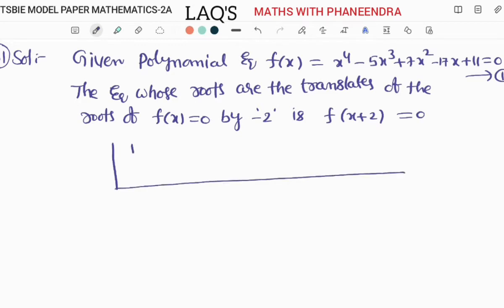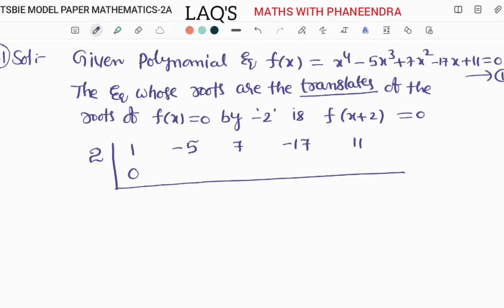First x power 4 coefficient here, next x power 3 coefficient, next x squared coefficient, next x coefficient, after that constant. Here dividing by x minus of minus 2, translates by minus 2, it is there now. So whenever it is minus 2, here you can take as 2.